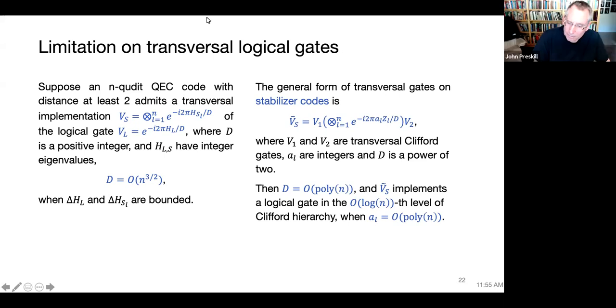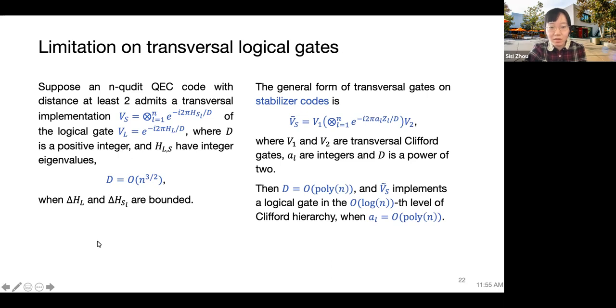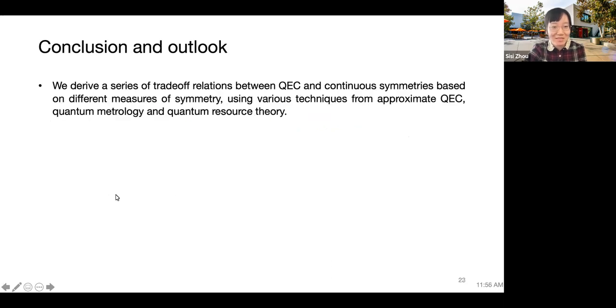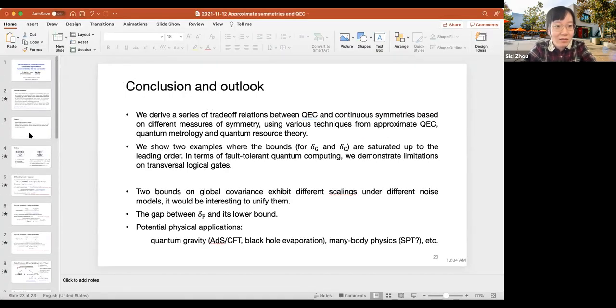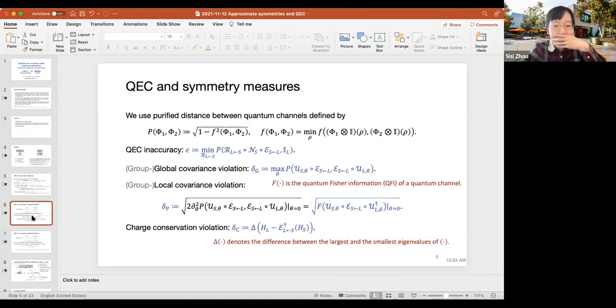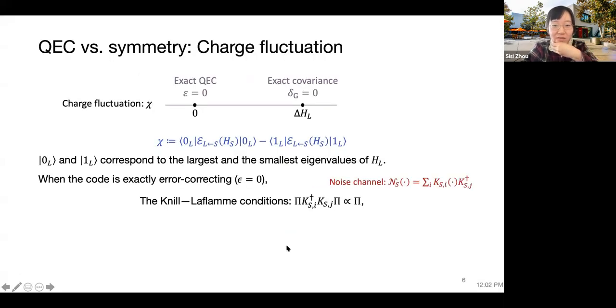Okay, thanks. I'm not too familiar with this covariant error correction. Do you have any intuition for why there's this trade-off between covariance and error correcting capability? Oh yeah, let me maybe go to the first few slides. The intuition is kind of like this.